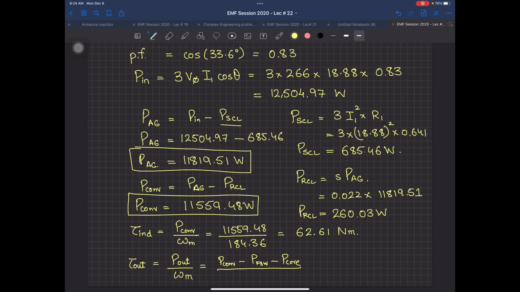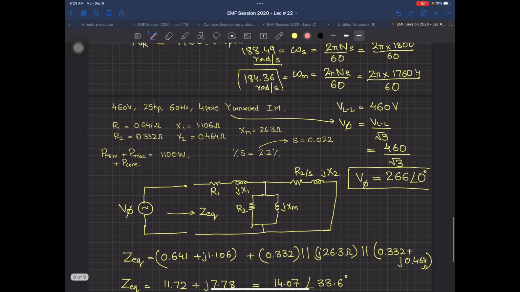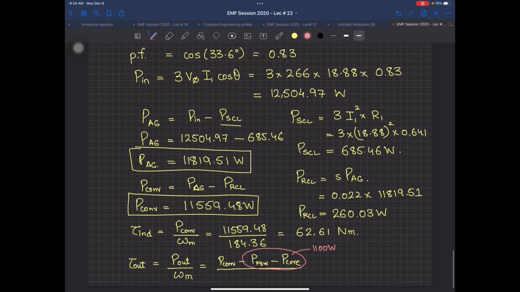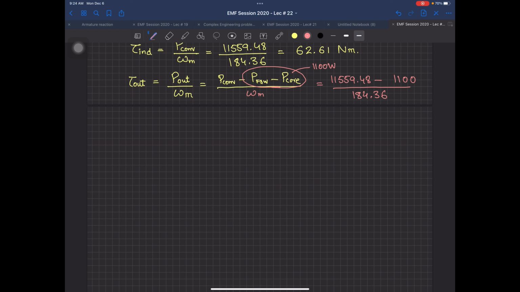And if you remember, we have been told that this total is equal to 1100 watts, because in the statement of the question this was told to be 1100 watts. So now this will be P converted, 11559.48 minus 1100 watts, divided by omega m, which is still the same, 184.36. Please give me the answer, 56.7.